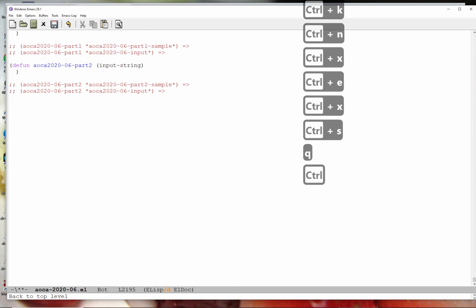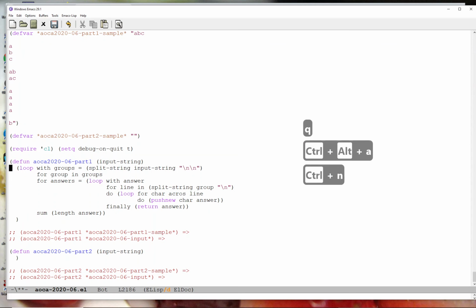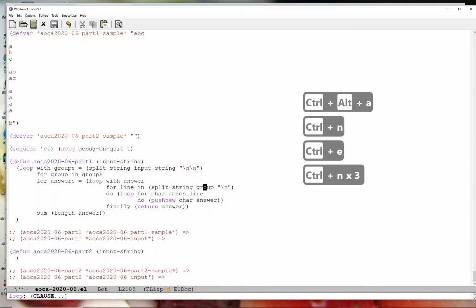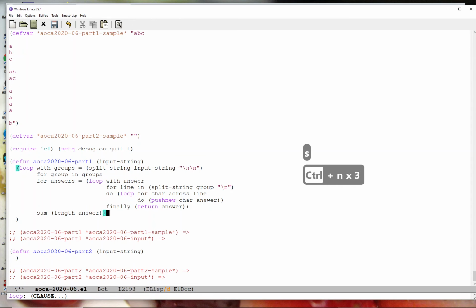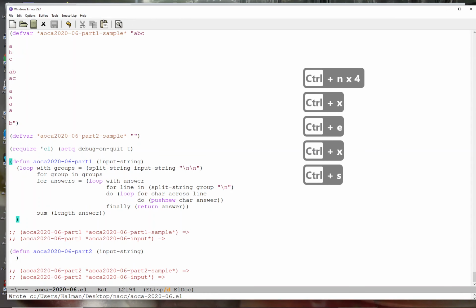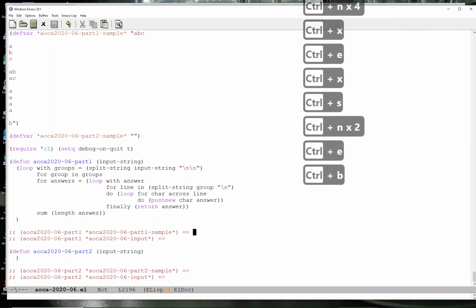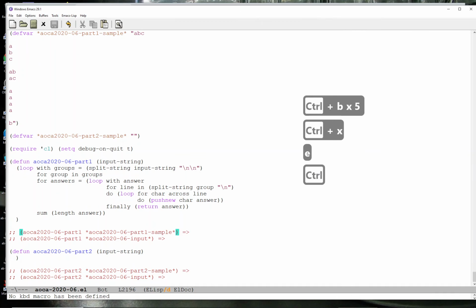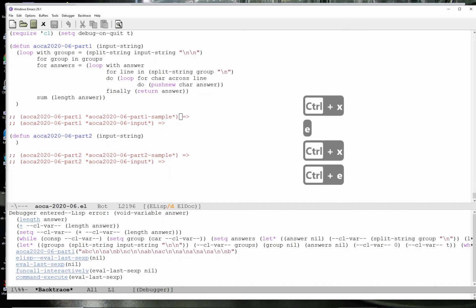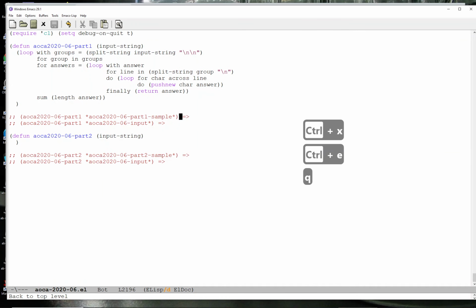Oops. So another loop macro expansion problem. For line in split-string of group, "across" is misspelled. Yep, okay, that's better. So let's see if we get 11. So Control-X E is to run a keyboard macro, and Control-X Control-E is to evaluate an expression.